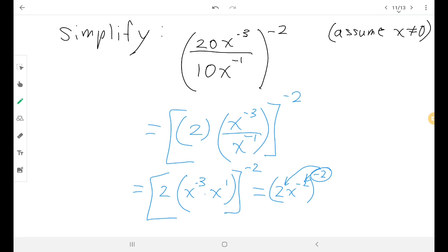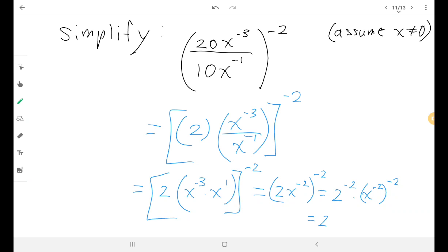But I can only do this as long as the inside is all multiplication. So this can be 2 to the negative second times x to the negative second raised to the negative second power.